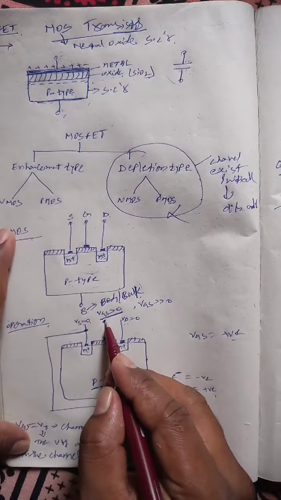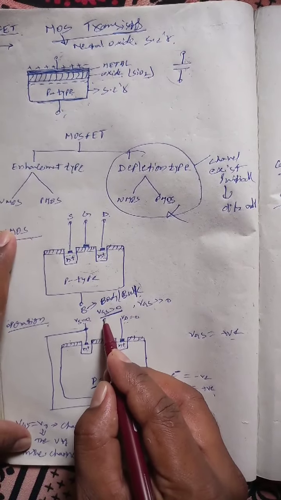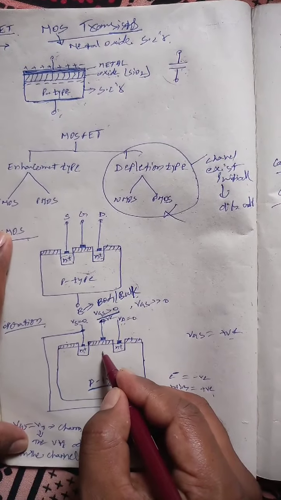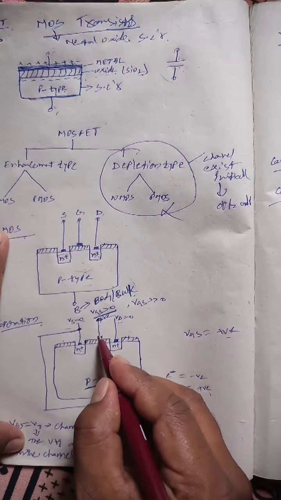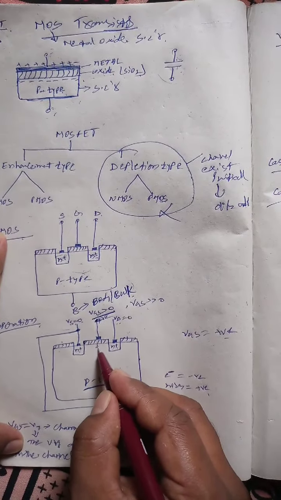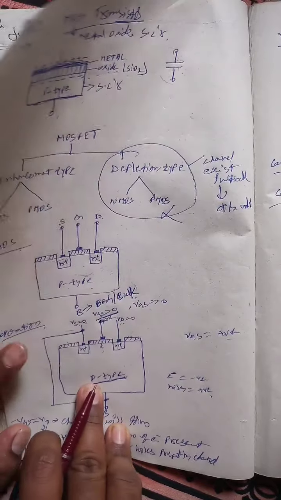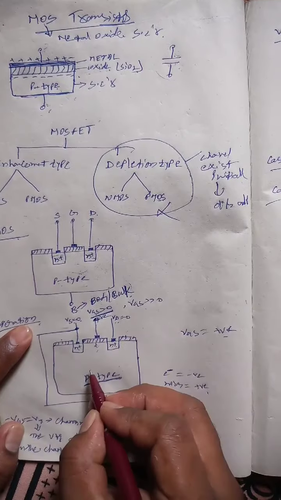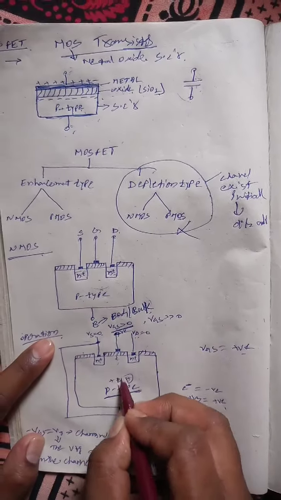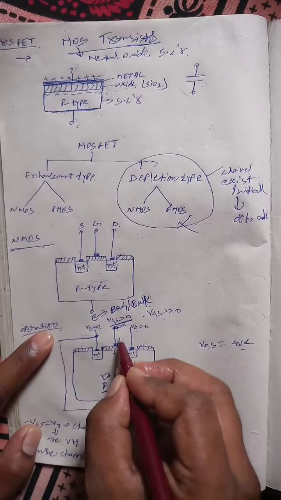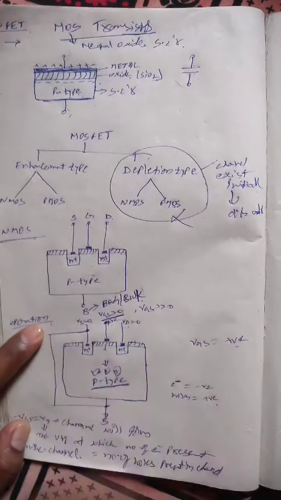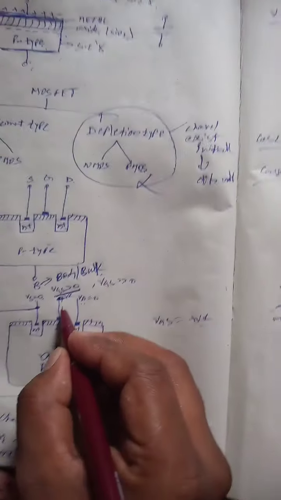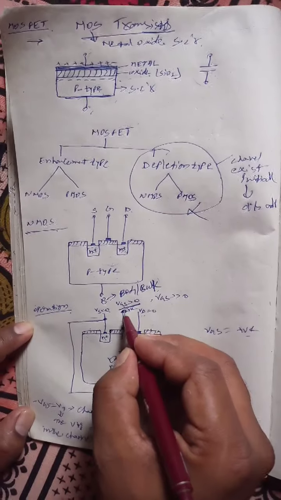So when we are giving positive voltage from this particular gate terminal, positive means plus symbol. What happens here? This positive will be passed in the opposite direction, and as the P substrate has majority charge carriers as positive, these positives across this P type will get repulsion with this positive charge which we are giving from this gate terminal.